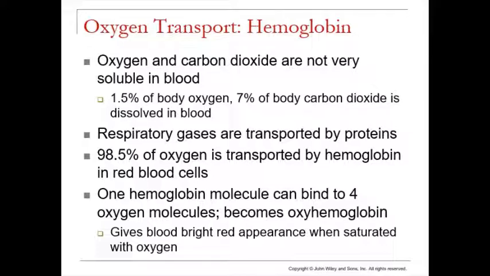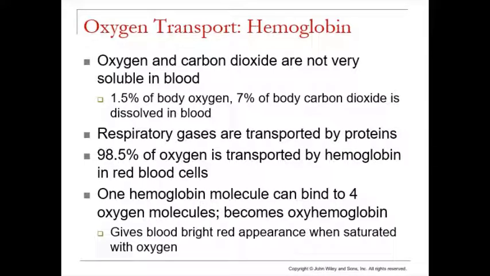You know red blood cells carry oxygen. But from our blood chapters, you also know it's really the hemoglobin inside the red blood cell that's carrying oxygen. And that's what we're talking about on this slide. Hemoglobin is a transport protein, and it's helping to transport oxygen. Is it transporting all of it?